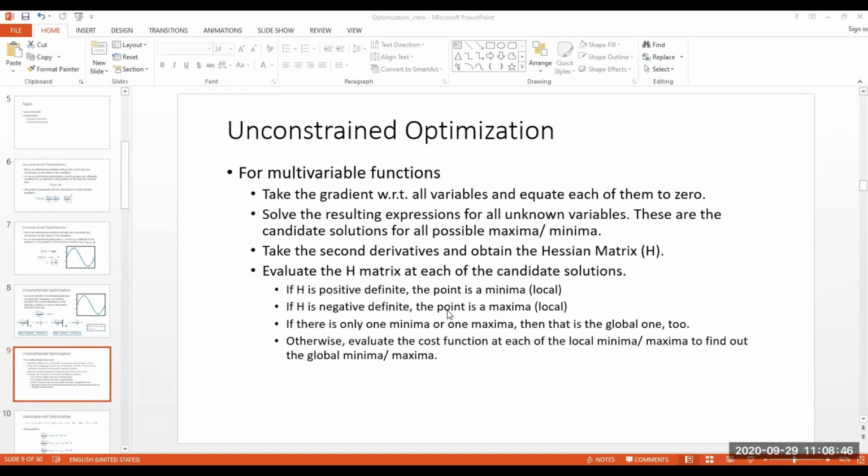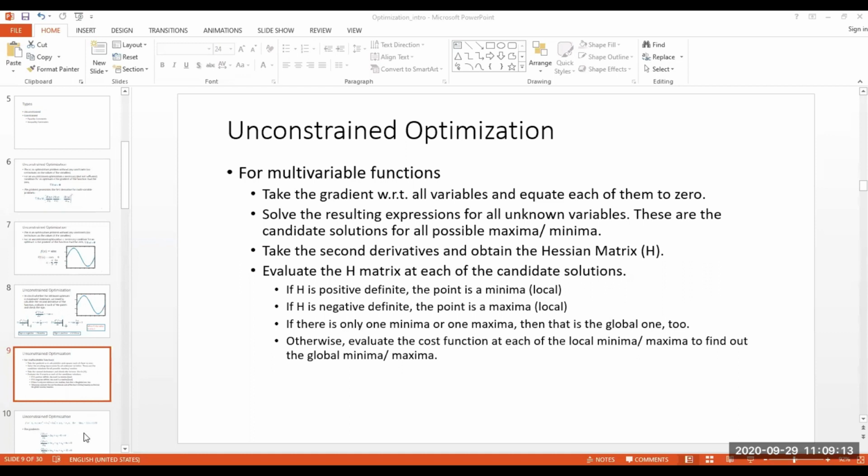So if you found that the point is a maxima, that is a global as well as a local one. That is only true if you have only one candidate solution. Otherwise, you have to evaluate the cost function at each of those candidate solutions, and by looking at the values, find out which one is the global and which are the locals.